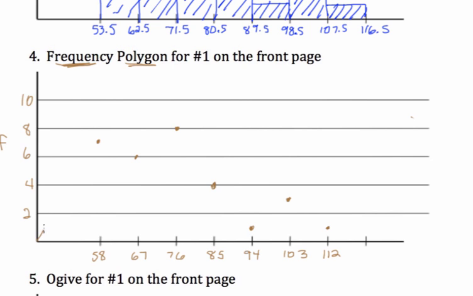Frequency polygons connect to 0 with straight line segments connecting each of our frequencies in order and connecting back down to 0.